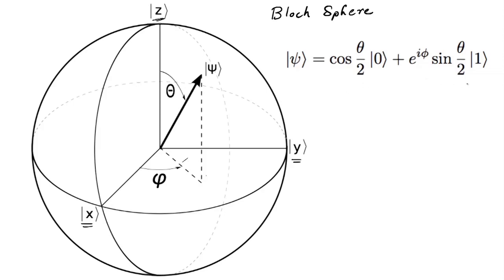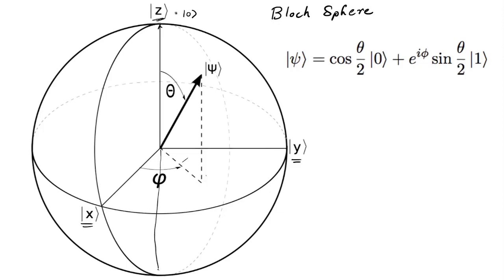Okay, so let's now go ahead and orient ourselves in this space. What does the positive z-axis correspond to? What state of the qubit is this? Well, this corresponds to theta equal to 0, phi equal to 0, let's say, which is just the 0 state.